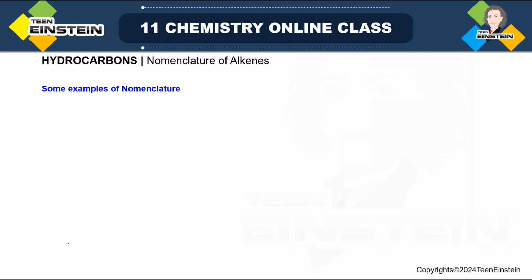Now we will discuss some examples of nomenclature, and obviously this is the nomenclature for alkenes. So first we will draw some structures.